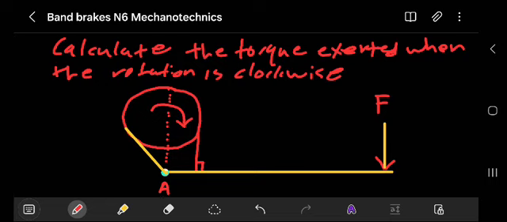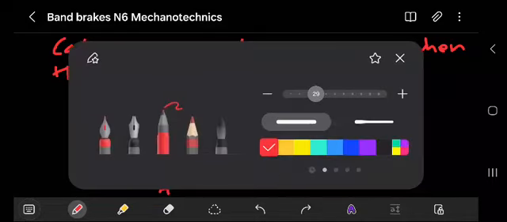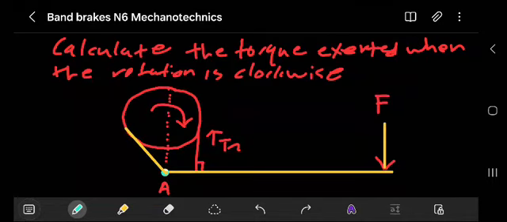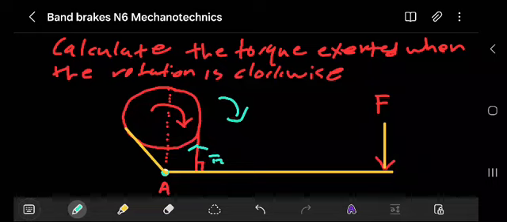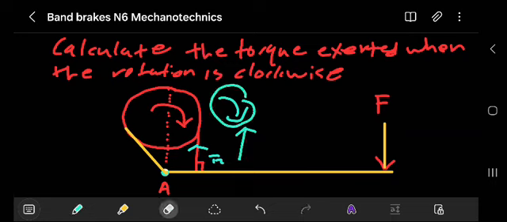That means the side opposing that direction will be T2. T2 will oppose the direction there, acting in the opposite direction of the drum. You see the arrow going like this. T2 must act opposite, like this. T1 must follow the direction of this arrow.